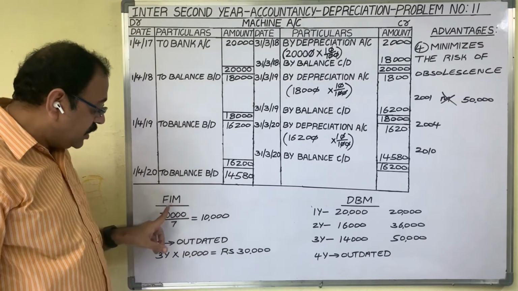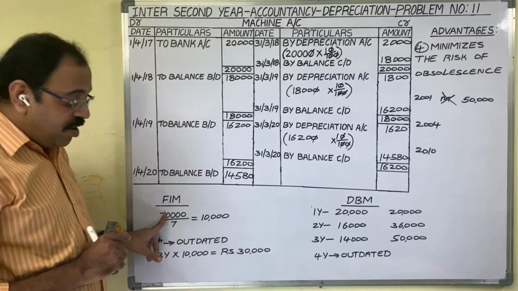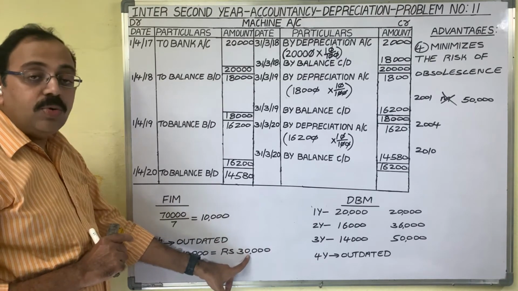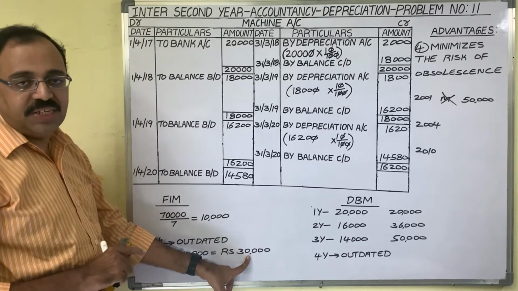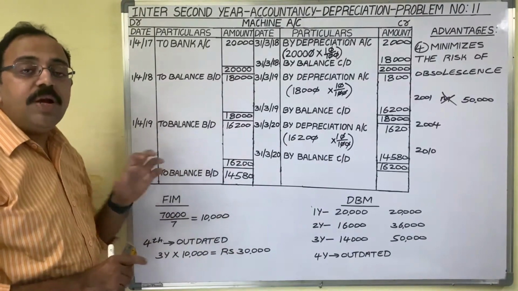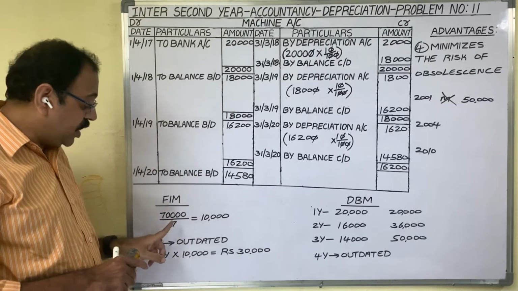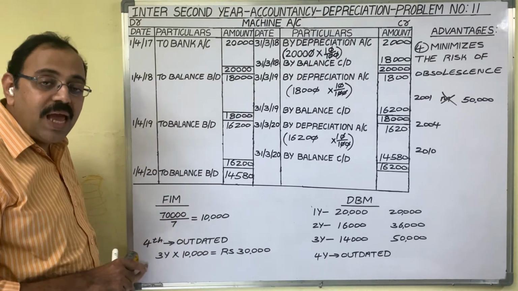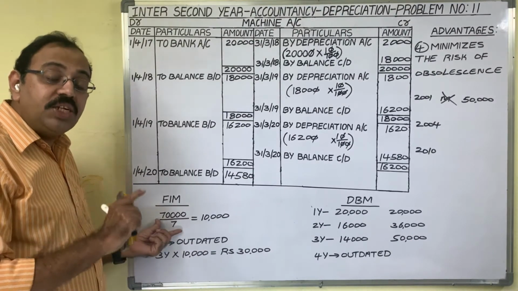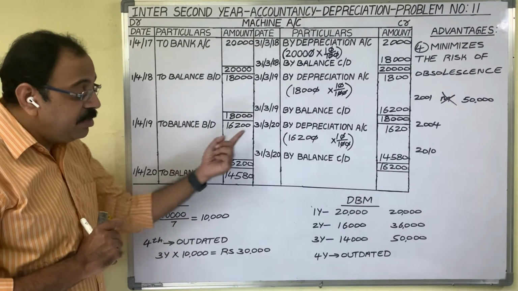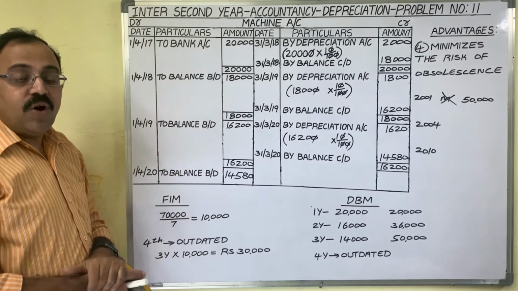Now, this existing asset's cost is 70,000 rupees, but only 30,000 of that is written off in the form of depreciation. So, if the fixed installment method is used, the firm fails to write off the complete asset cost if there is any obsolescence risk. For the same asset, instead of the fixed installment method, if the diminishing balance method is used to provide the depreciation, what is the advantage?